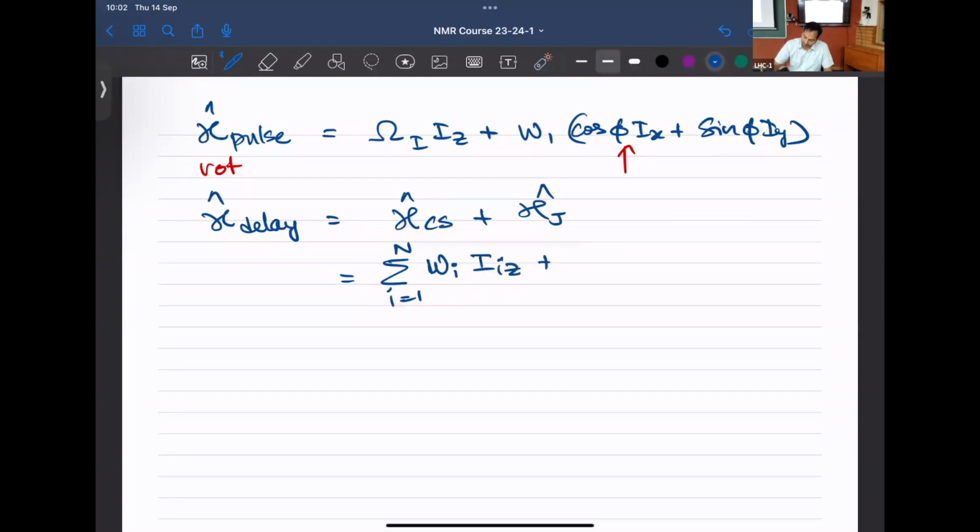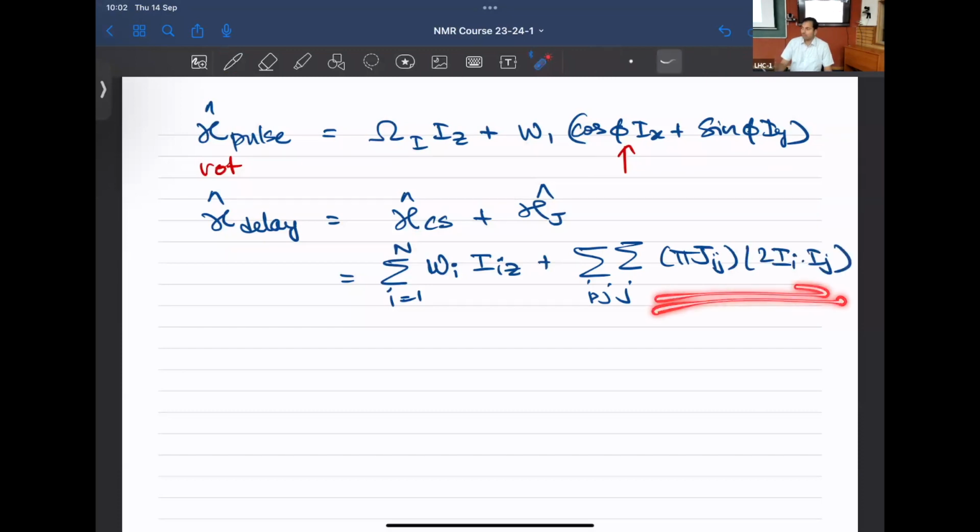And then the scalar coupling is also a double summation over i and j, where i is greater than j, with a term 2 pi J_ij I_i dot I_j. What do we mean by this? It is summed over all possible scalar couplings that are feasible. I've never introduced the Hamiltonian in this full form until now, but we have solved it for some cases.